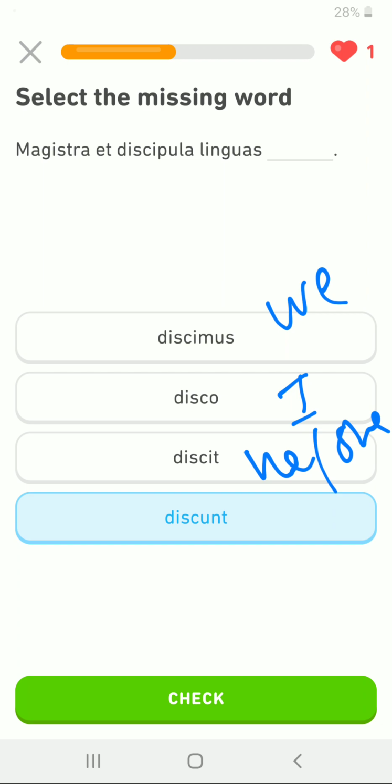Discit, so disco, discimus, discunt. And what?